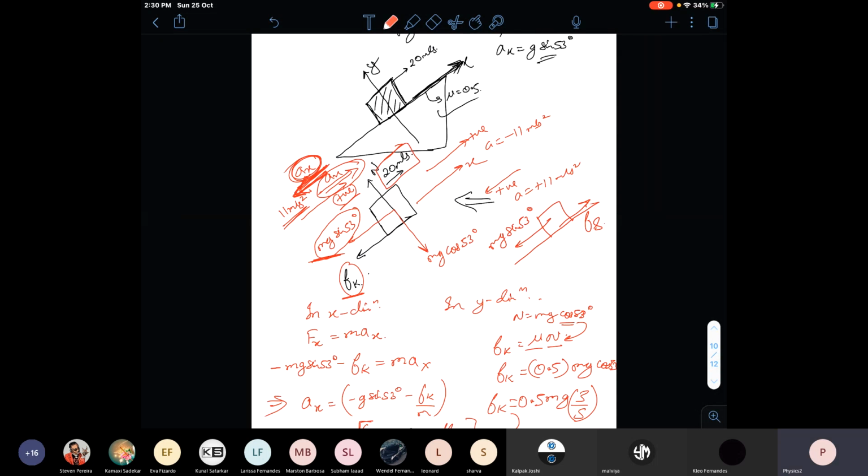Since it is moving, the friction is kinetic and opposite to velocity. That is why my kinetic friction was like this. If this 20 meters per second would have been in the opposite direction, my Fk would have been in the opposite direction. So that is just giving you the direction of kinetic friction. That's it. No use of the magnitude.